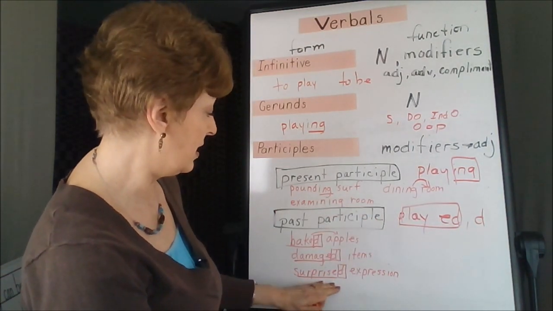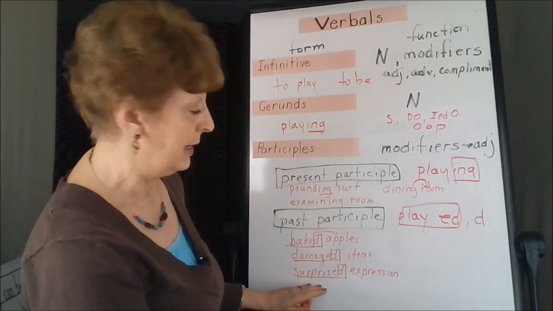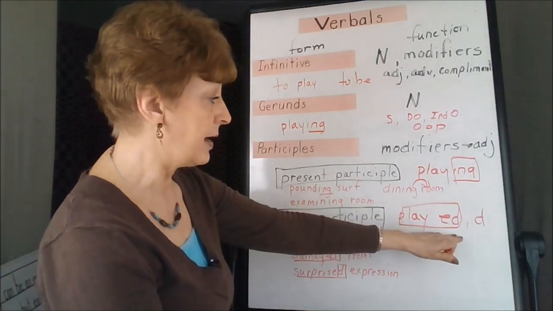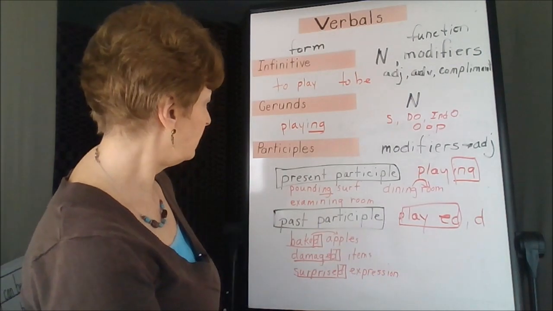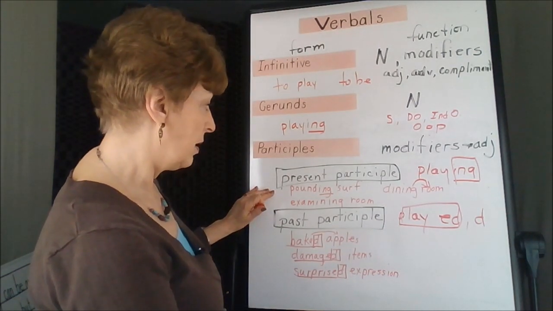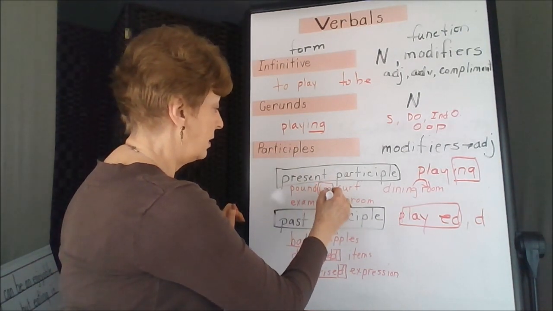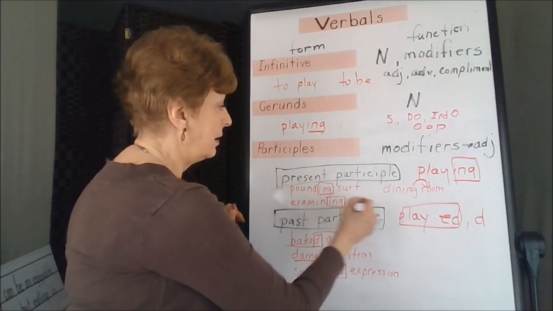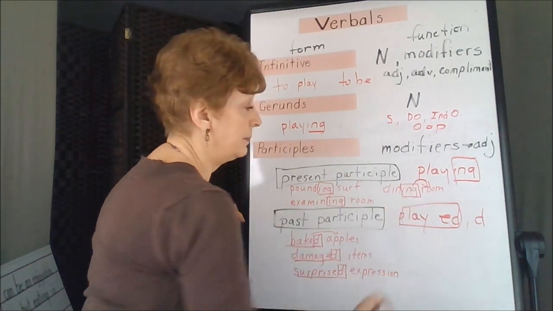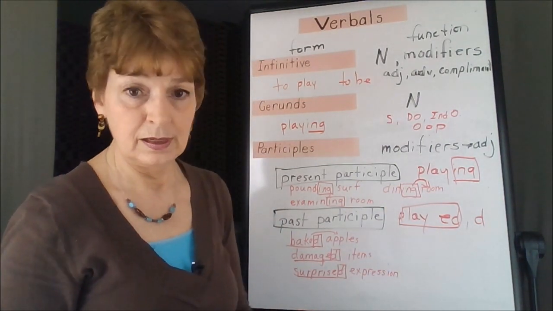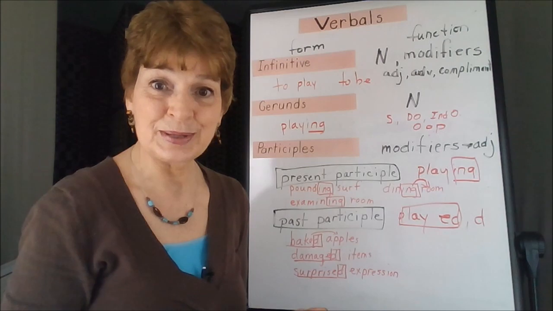But if the root word does not end in an e, then you're going to be putting on an ed, like played. And in the present participle, we had pounding, examining, dining. Now let's see some examples in some sentences.